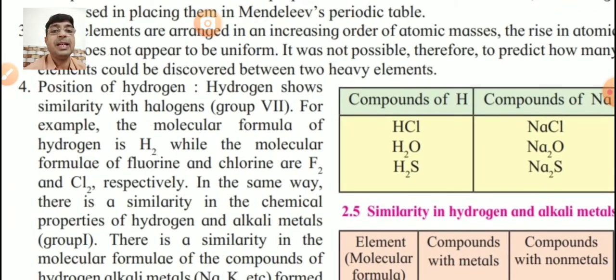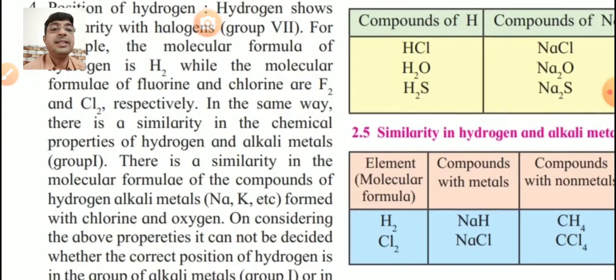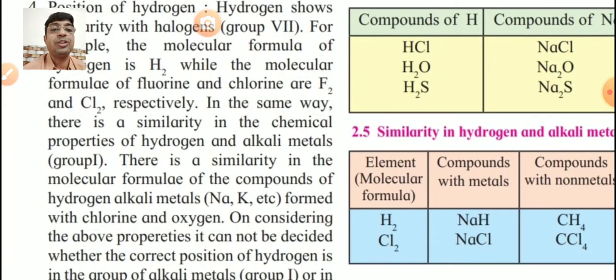Hydrogen shows similarity with halogens. Halogens are placed in group number 17. For example, the molecular formula of hydrogen is H2, while the molecular formulae of fluorine and chlorine are F2 and Cl2 respectively. So that number 2 indicates that two atoms are present in all these molecules. In the same way, there is a similarity in the chemical properties of hydrogen and alkali metals, that is group number 1.